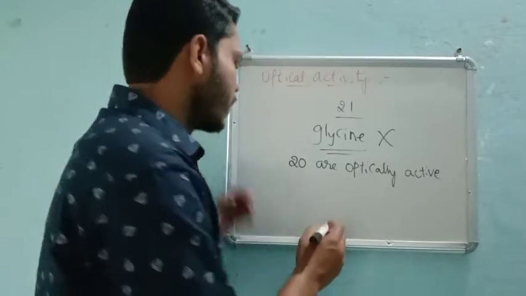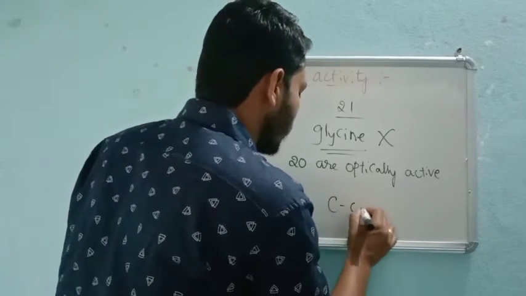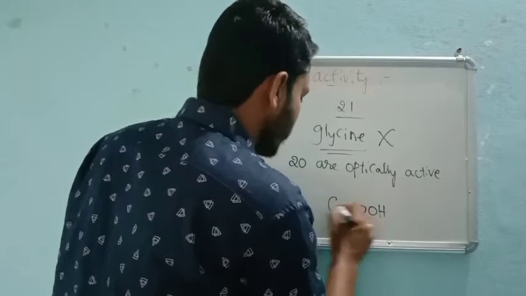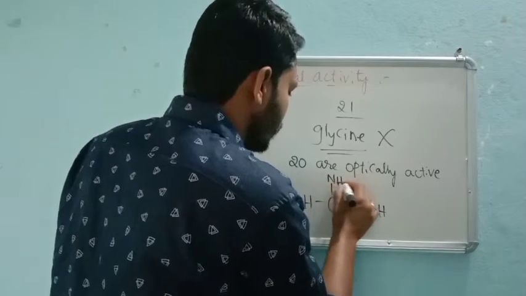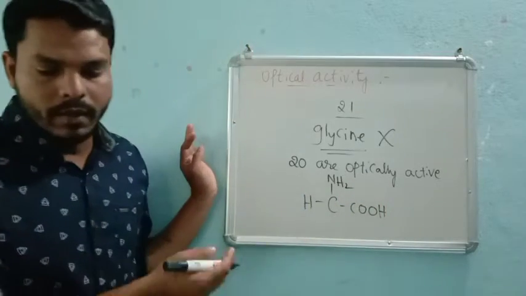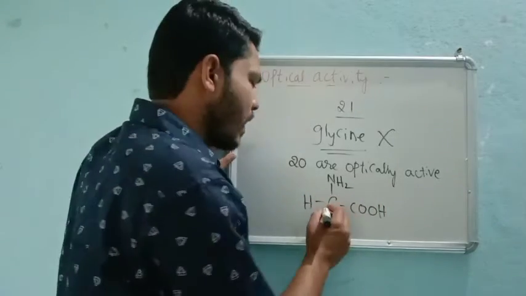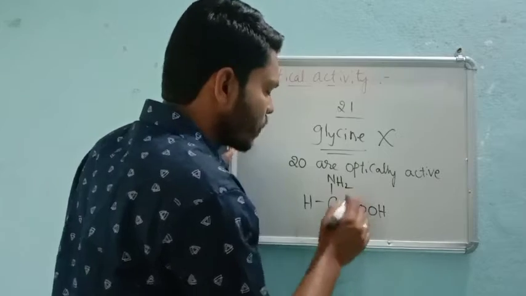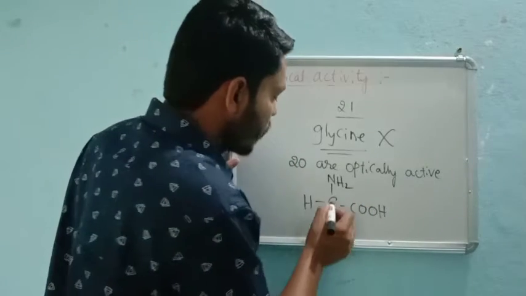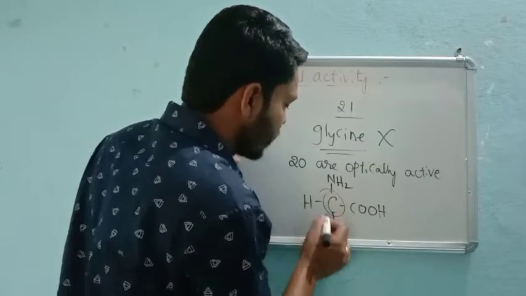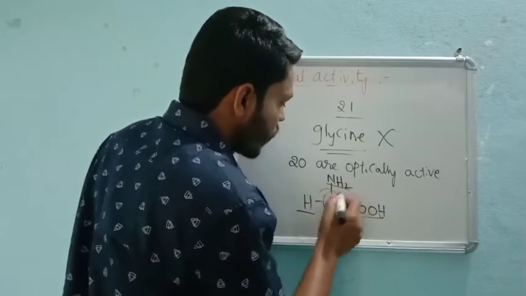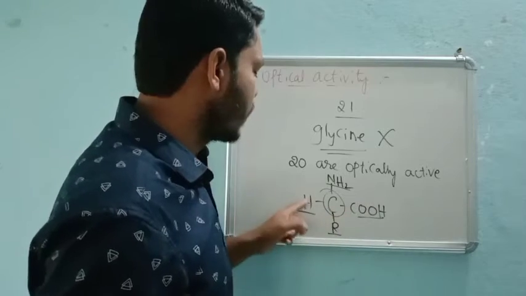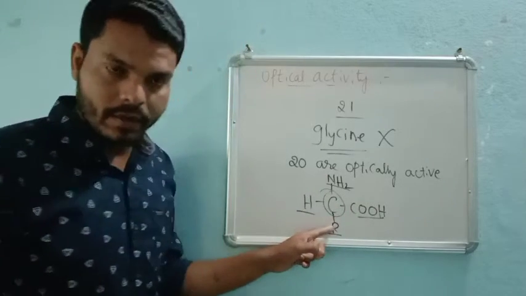See, if we see the general structure of amino acid, it will be like this, right? NH2 and R, or CH3, or R directly we can say. Okay, good. So now see here, around this carbon atom, I mean the middle carbon, all the four groups, I mean four valencies, are with different molecules or compounds.